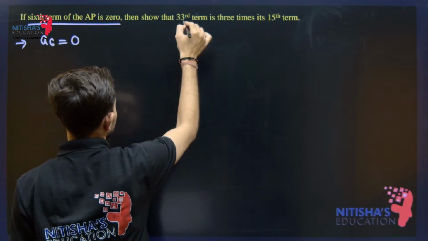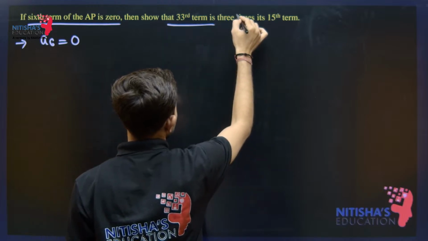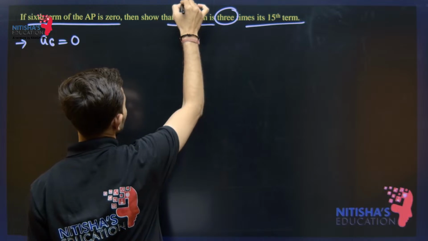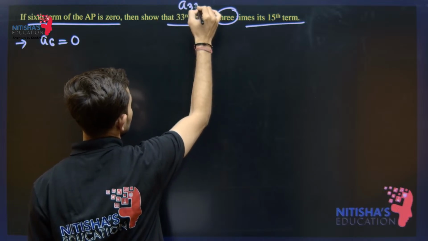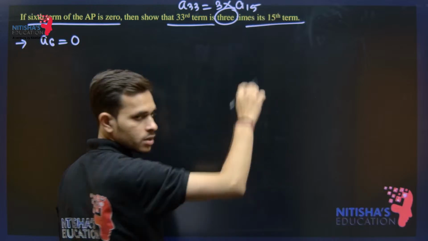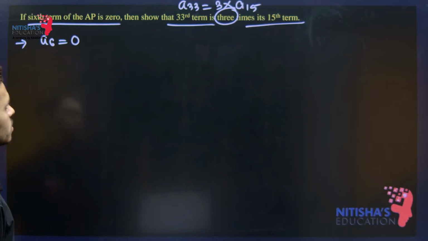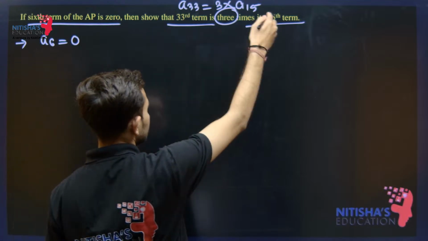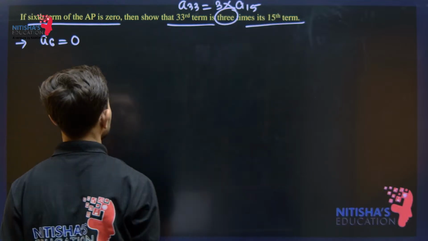Then show that the 33rd term is 3 times the 15th. It means we need to prove that A33 is equal to 3 times A15. The 33rd term is 3 times the 15th term.